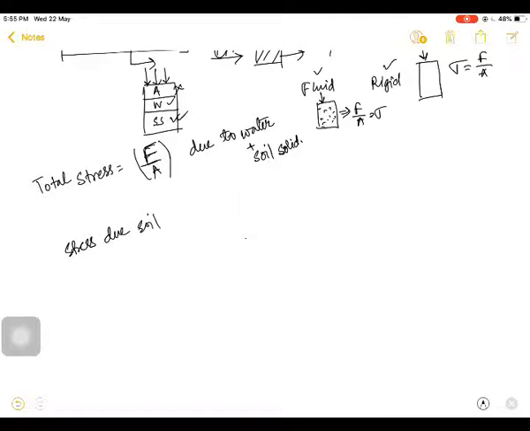So the stress due to soil can be written as the stress due to water plus soil solid minus the stress due to water.